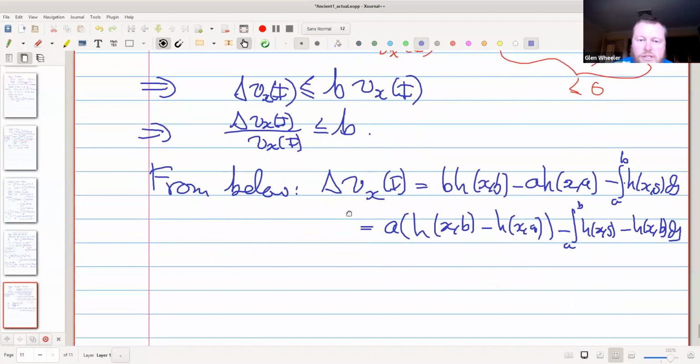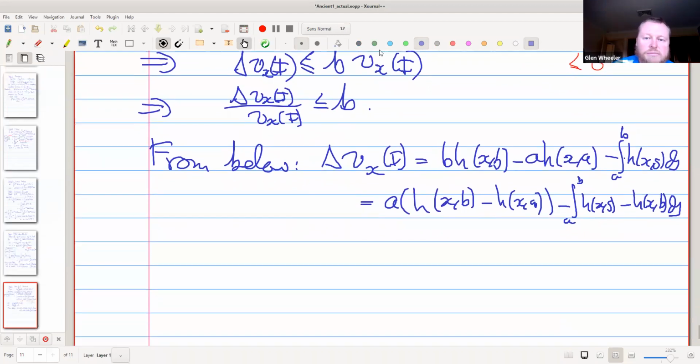So it's using exactly the same idea. Nothing special has happened there at all. But now let's have a look to see where the signs line up. Again, h is non-decreasing, so h at x and b is going to be bigger than h at x and s. So this integrand here is going to be less than or equal to 0, and then with the minus sign, greater or equal to 0.